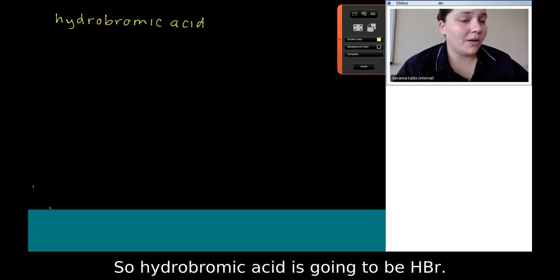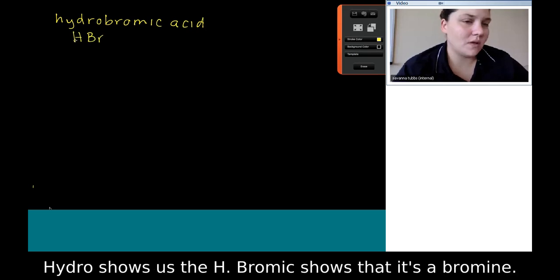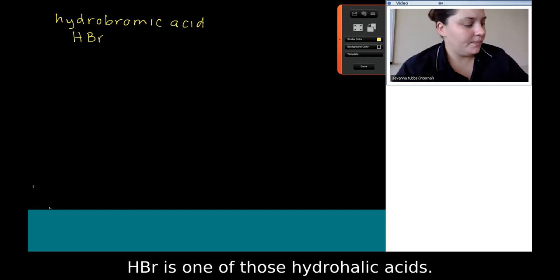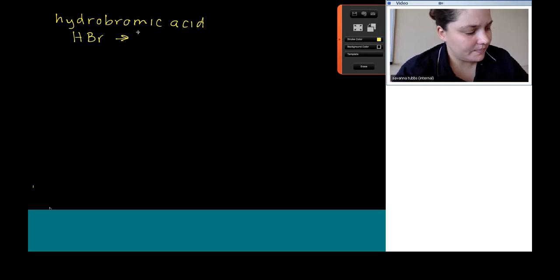So hydrobromic acid is going to be HBr. Hydro shows us the H, bromic shows that it's a bromine, and so we have HBr. HBr is one of those hydrohalic acids.